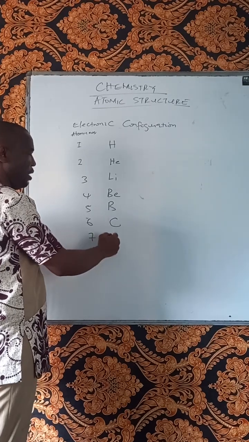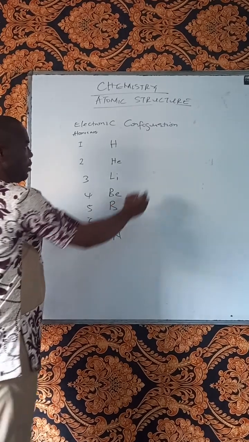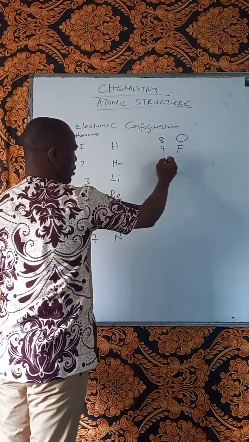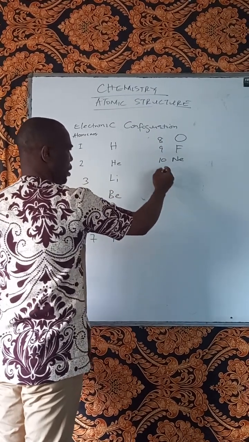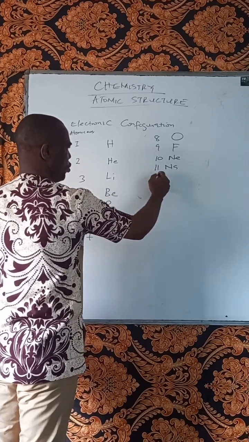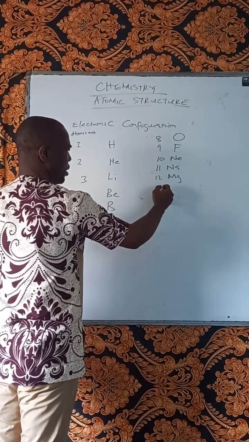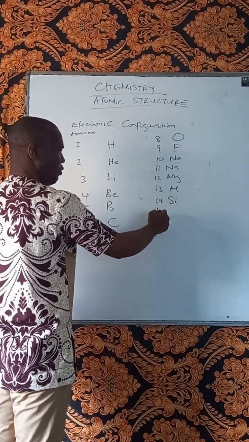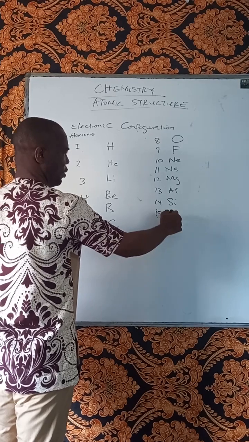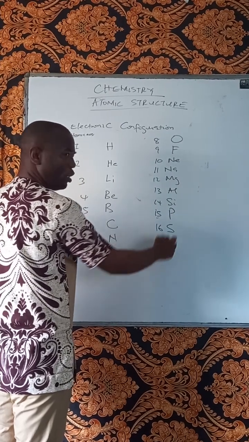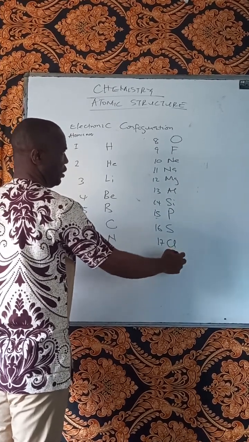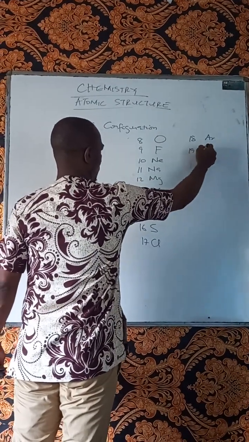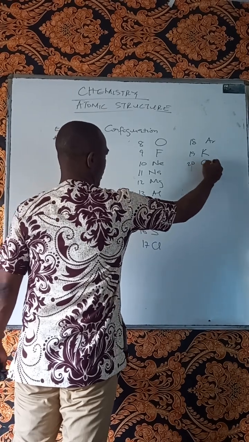Number 7 is nitrogen. Number 8 is oxygen. Number 9 is fluorine. 10 is neon. 11 is sodium. 12 is magnesium. 13 is aluminum. 14 is silicon, 15 is phosphorus, 16 is sulfur, 17 is chlorine, 18 is argon, 19 is potassium, 20 is calcium.